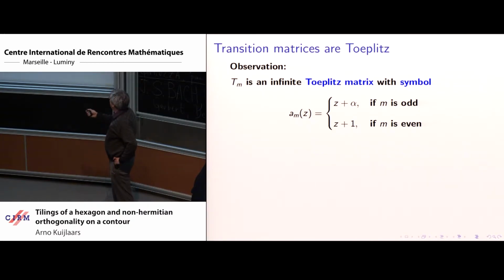So if m is odd, you have z plus alpha. It's alpha because it's alpha on the diagonal, and it's 1 on the first upper diagonal, that's where the z comes from, and the rest is 0. And if m is even, you have z plus 1. So you alternate between these two Toeplitz matrices with these symbols.